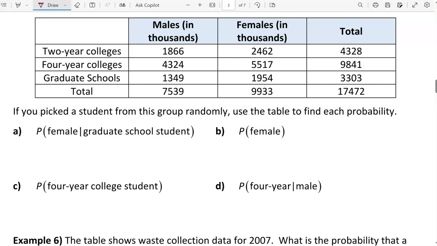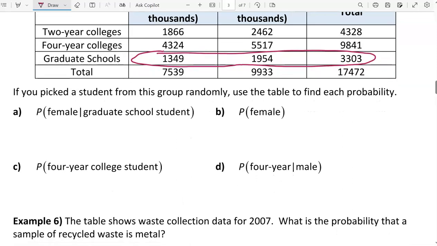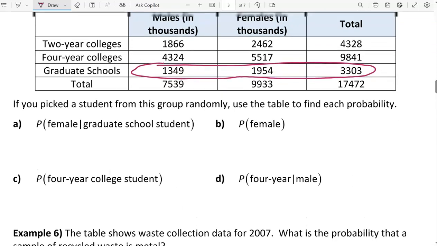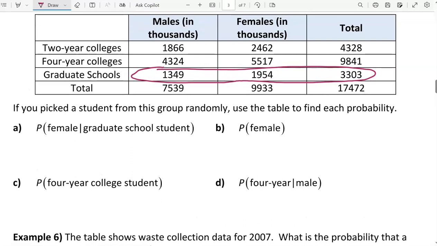So we're going to be just looking at our graduate schools because we're assuming that we know already that this person is a graduate school student. So just looking at our graduate students, we have 1,954 females out of 3,303 total graduate students.